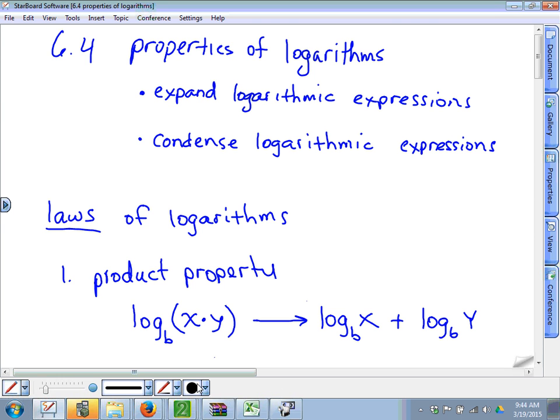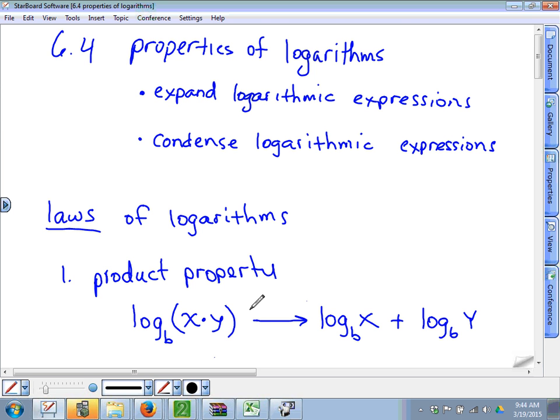First law is called product property. Yeah, it's recording. So, in mathematical language, a product is what? Multiplication. This is a product, right? So we're taking the logarithm of a product.